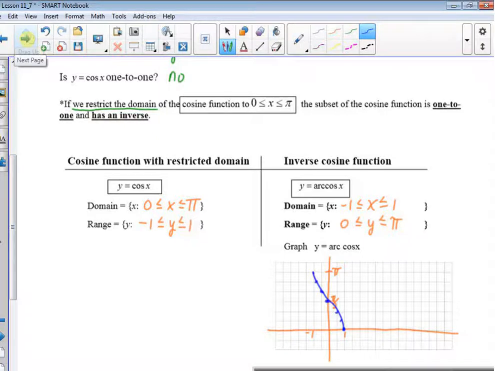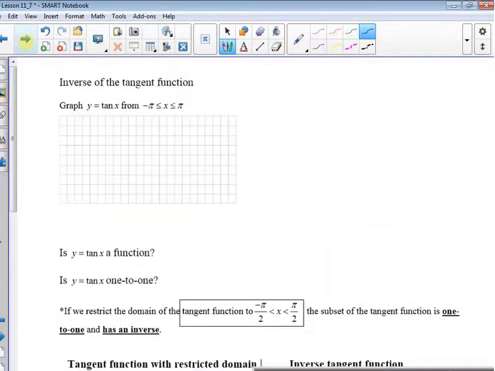All right, and the last one is the tangent. Okay, so for the tan graph, let's start off in the middle here. So remember, we have at pi over 2 an asymptote, and at -pi over 2 we have an asymptote.